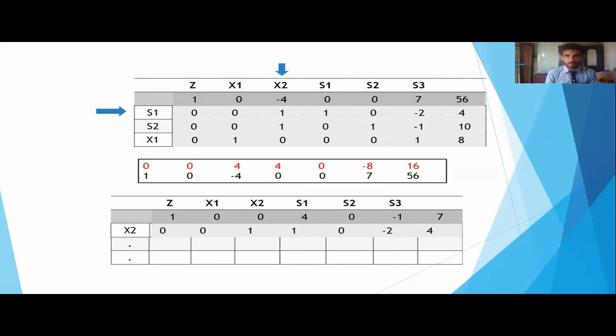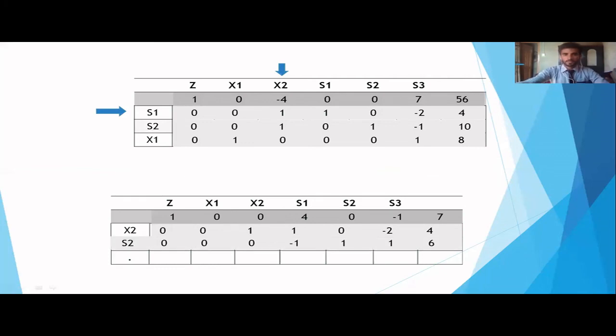We multiply the pivot row by -1 and add it to the S2 row. The sum is the new S2 row. Finally, the number found in the column of x2 and the x1 row is 0. Then the x1 row in the third table will be exactly the same as in the second table.